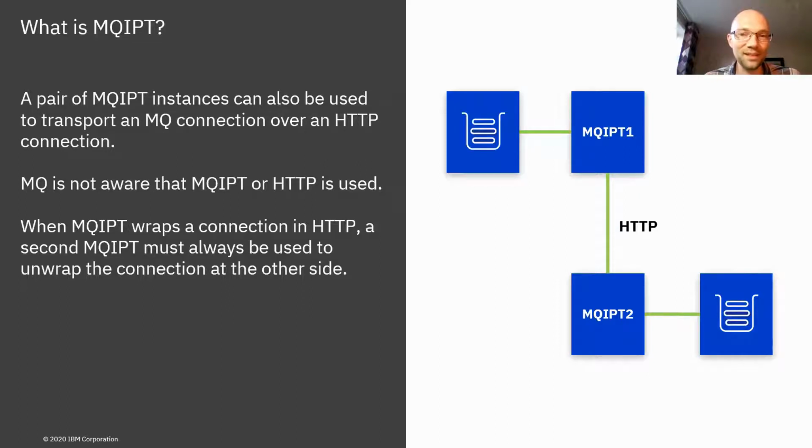So adding two IPTs on a connection will add a bit more overhead than just adding one. And the reason I'm saying this at this point in the presentation is that using HTTP is actually the worst performing method of all. So the function is absolutely there if you need it in order to solve a problem, but just be aware that you are adding overhead, and that's especially the case when using HTTP.